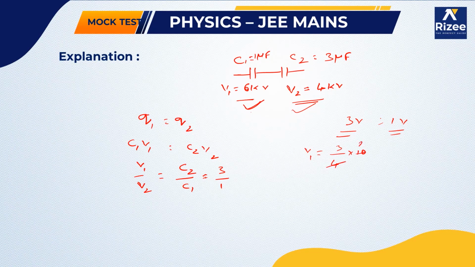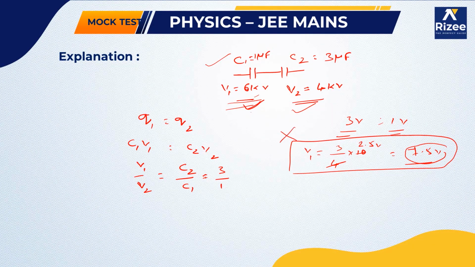This will be 2.5 volts per part, so 3 into 2.5 volts is 7.5 volts. If 7.5 volts would be dropped at C1, then it doesn't work, because it can withstand a maximum of only 6 volts. So option D cannot be validated here. That means I cannot take 10 volts as an input.